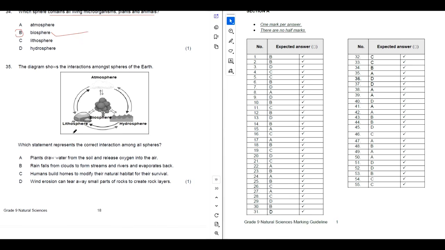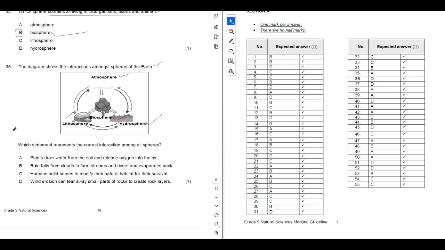Okay, and then next we will move to question 35, which says that the diagram shows the interactions amongst spheres of the earth. So we can see here that we have the atmosphere, the hydrosphere, the biosphere, as well as the lithosphere.